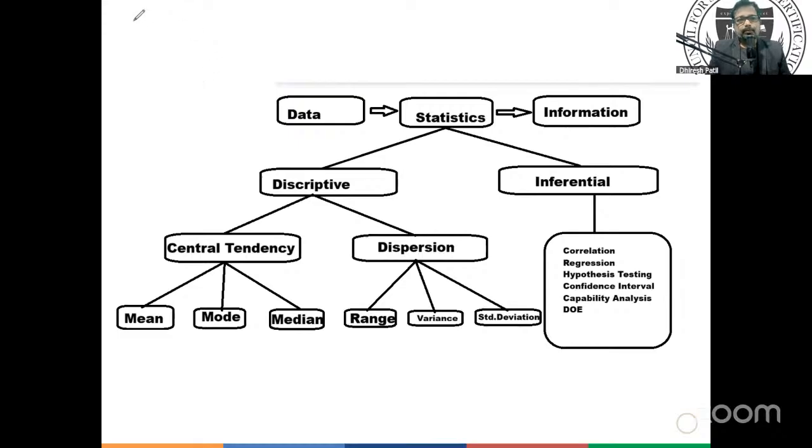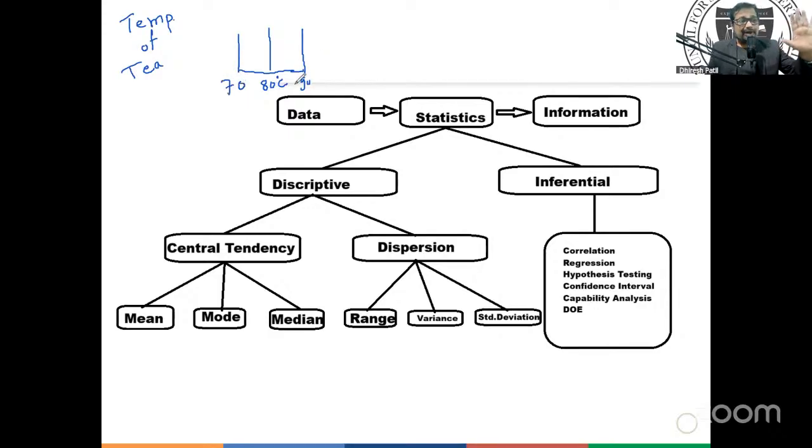Let's say the temperature of tea. The customer says, I want a temperature between 70 and 90 degrees centigrade. So the target the customer has given is 80 degrees centigrade. The upper specification limit is 90 and the lower specification limit is 70.